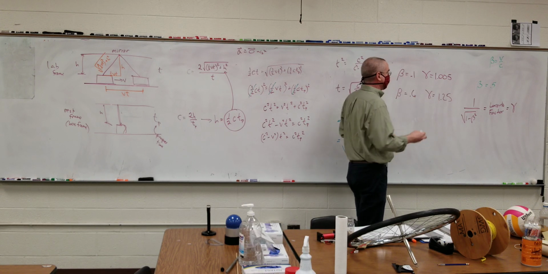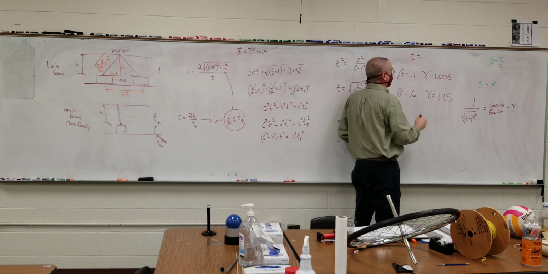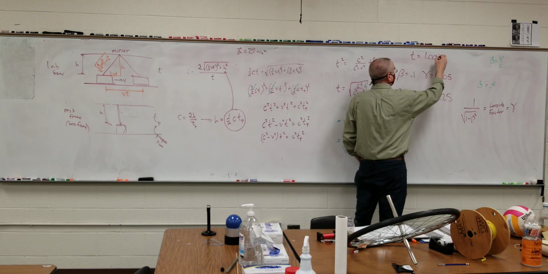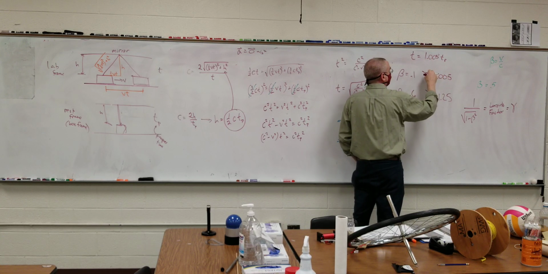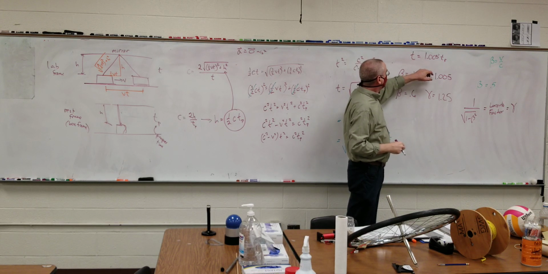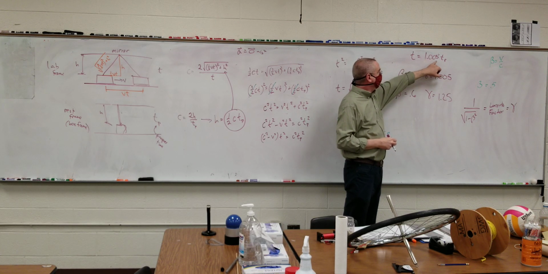Time would be off by 0.5% because the time that would be measured separately is equal to, in this case, 1.005 times the proper time. If it were just plain old 1, they would be equal to the same thing, but we're off of 1 by 0.5%.